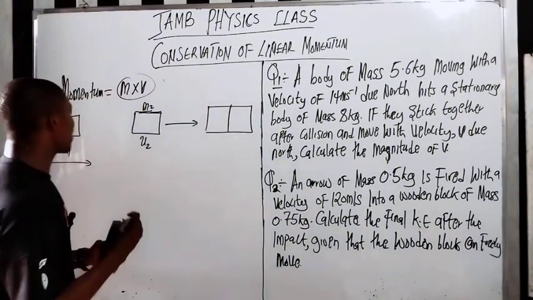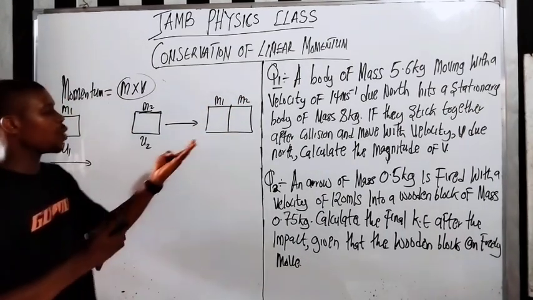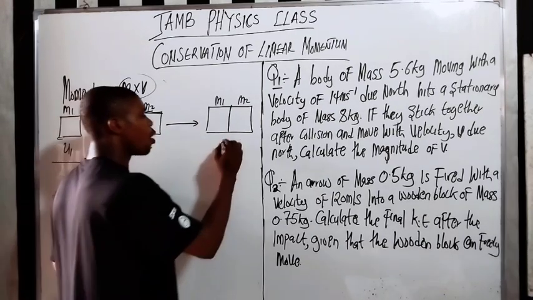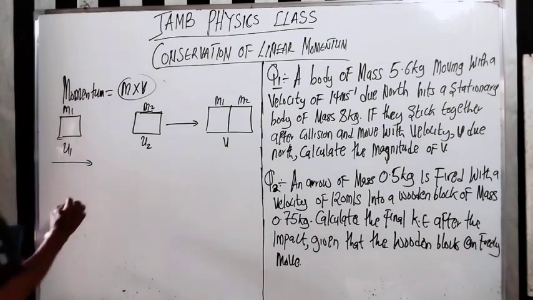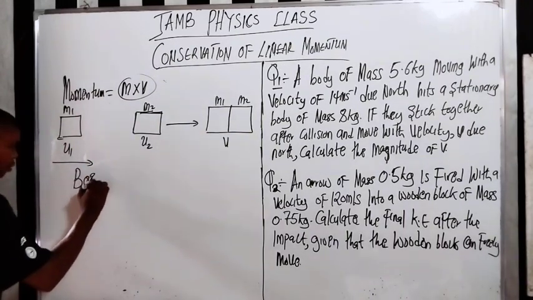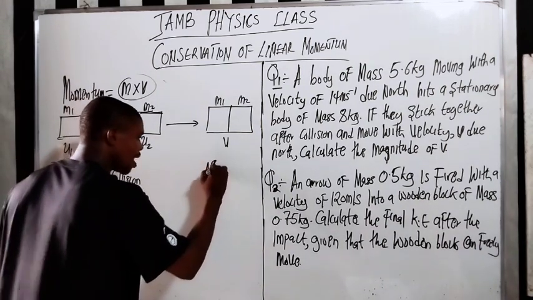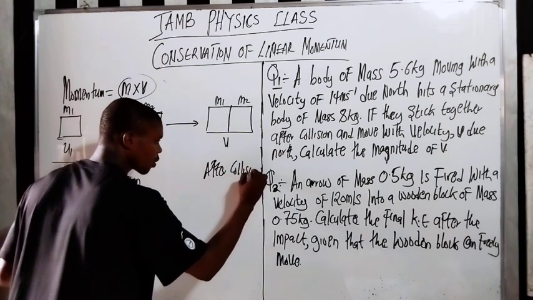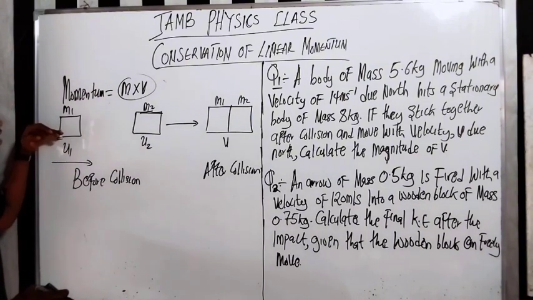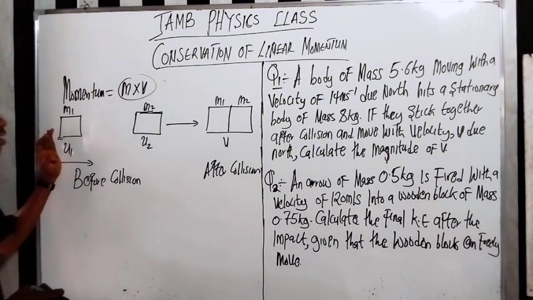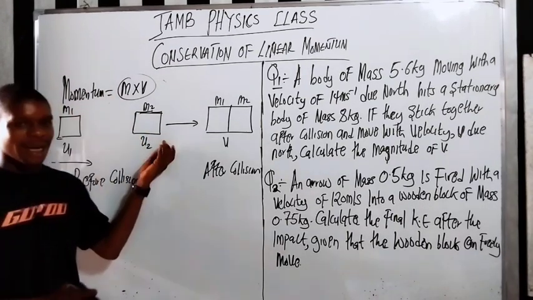When they stick together, they have their different masses, m1 and m2, but they move with the same velocity, a common velocity, which is called the final velocity. So at first this is before collision, and here we have after collision. At first, an object is moving at a certain speed and another object is stationary, each with its own mass.